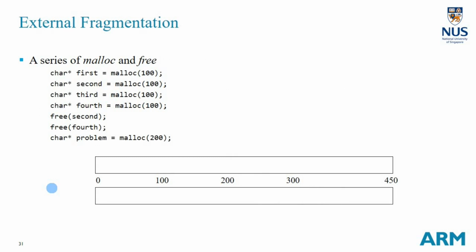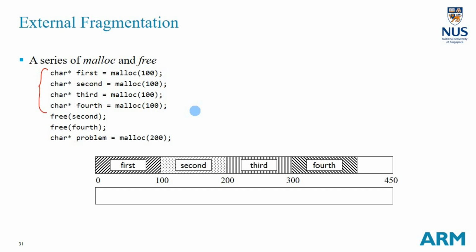So in this example here, we have external fragmentation, where you have a series of malloc and free. In the first 4 instructions, we are requesting 100 bytes of memory each: the first call, second call, third call, and fourth call.